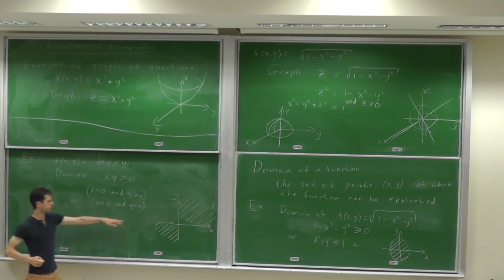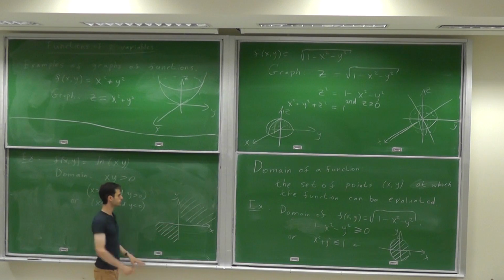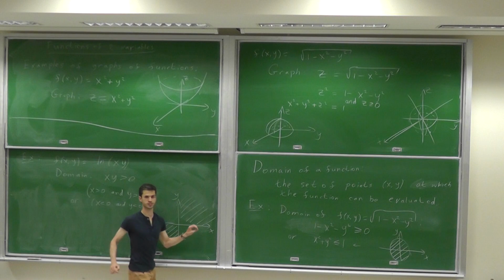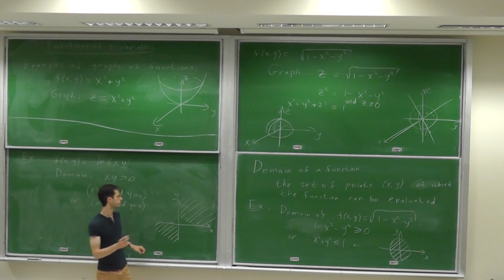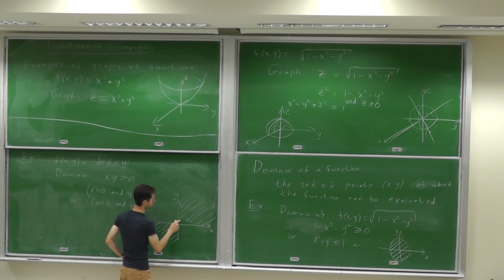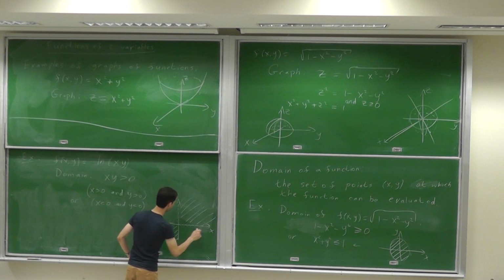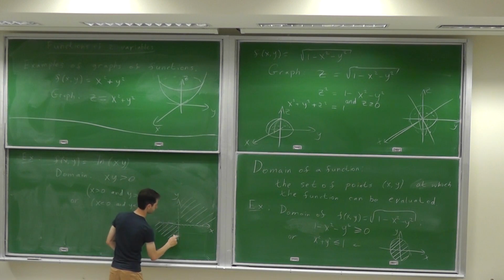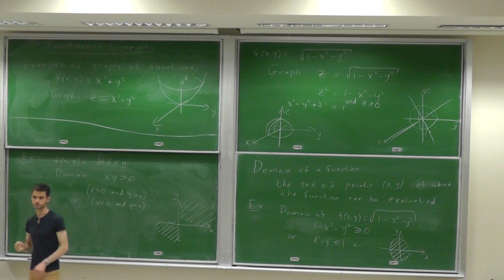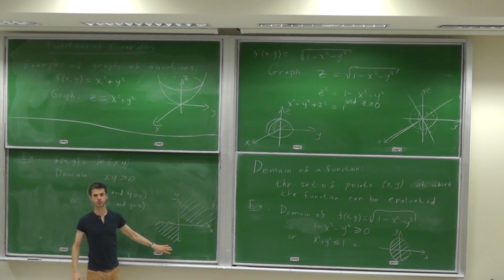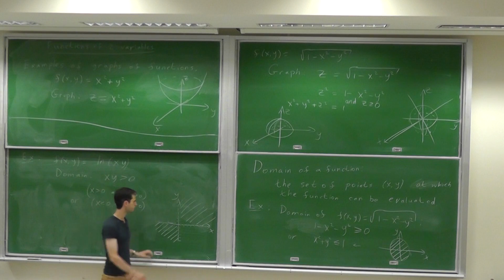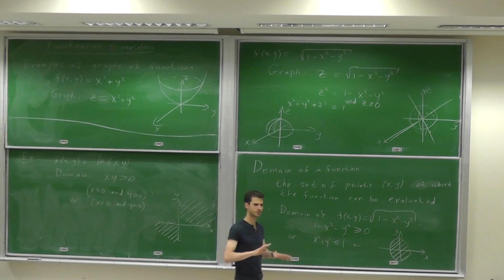And also, I don't want to include the boundary. I don't want to include points where x is equal to 0 or y is equal to 0. So in the picture, I'll draw something like this, a dashed line. So now the domain of this function is this region, a union of two little quadrants.